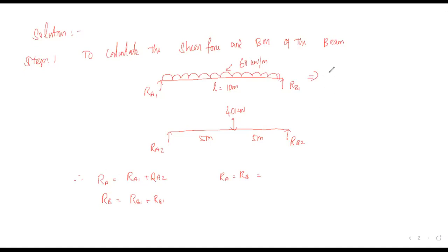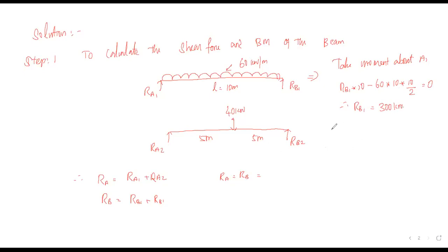Take moment about A: RB1 into 10 minus 60 into 10 into 10 by 2 is equal to 0. Therefore, RB1 is equal to 60 into 10 into 5 divided by 10, so it becomes 300 kilonewton.